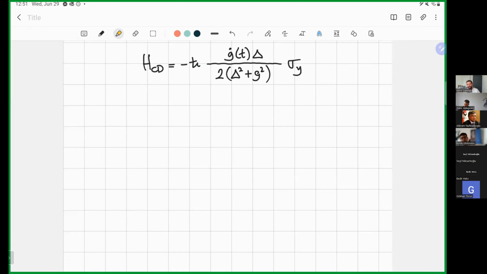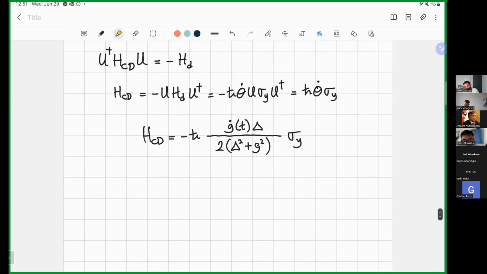But the problem is, as you see here, we have this counter-diabatic term that we need to apply externally. As I said, if you are talking about a spin 1/2 particle, in this case, we need to apply a magnetic field in the y direction. But this needs to be done externally. This is what we mean by controlling this quantum system.